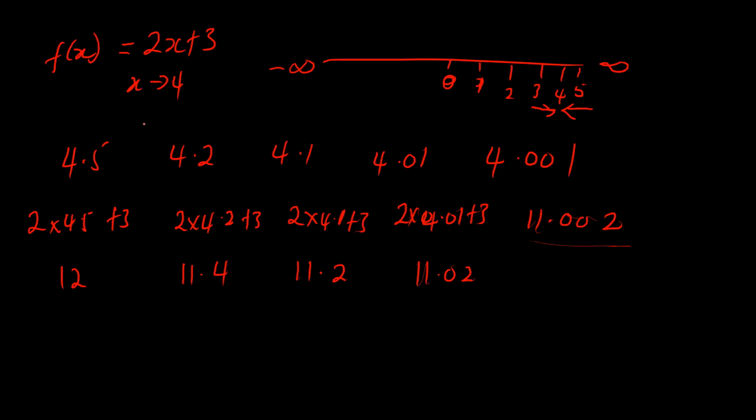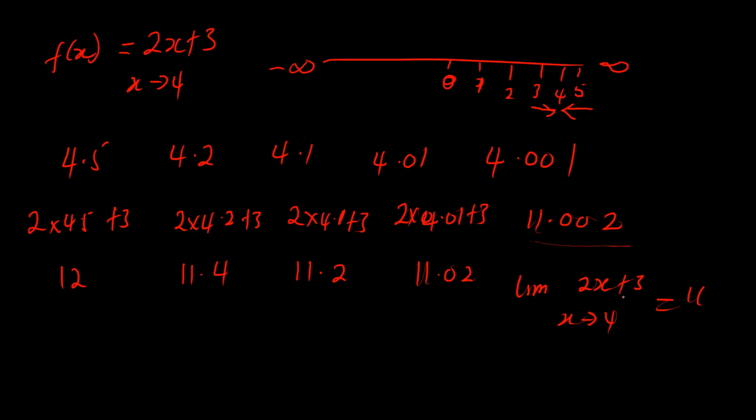And so we can say that the limit as this function f of x approaches 4 is 11. And this is how we write it. Lim of the function, and the function is 2x plus 3, as x approaches 4 equals 11.